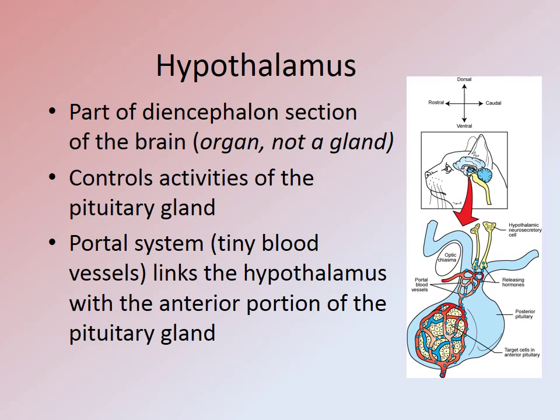That's why it's not one of the endocrine glands, but it still plays a huge role in the endocrine system. It controls the activities of the pituitary gland. So the hypothalamus is what tells the pituitary gland what to do. The portal system, which are tiny blood vessels, links the hypothalamus with the anterior portion of the pituitary gland, and that's how it communicates.